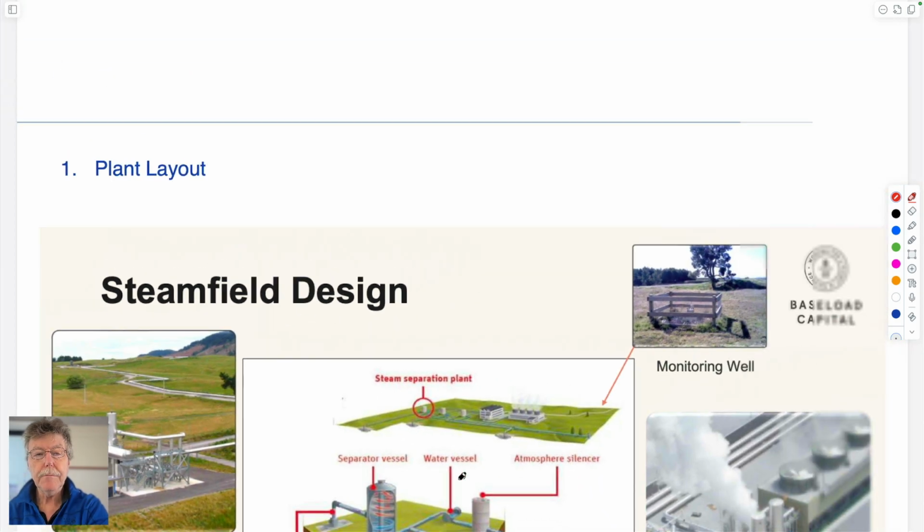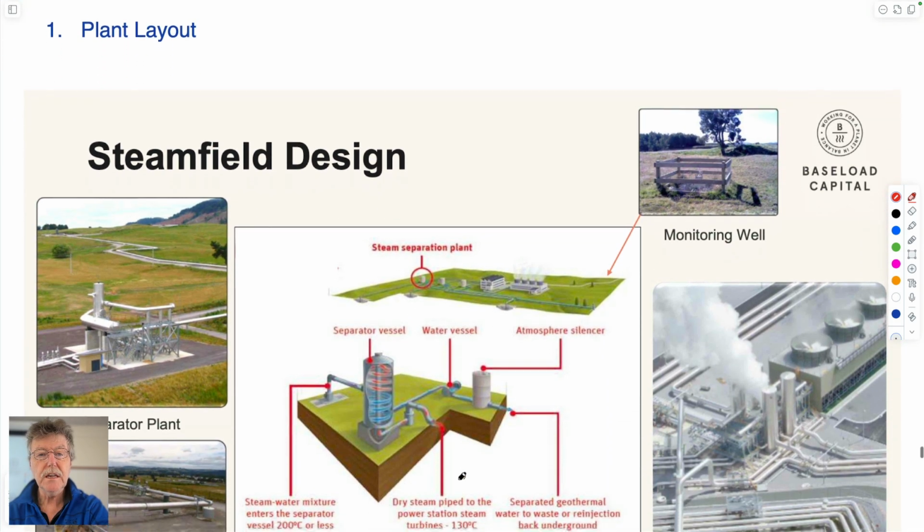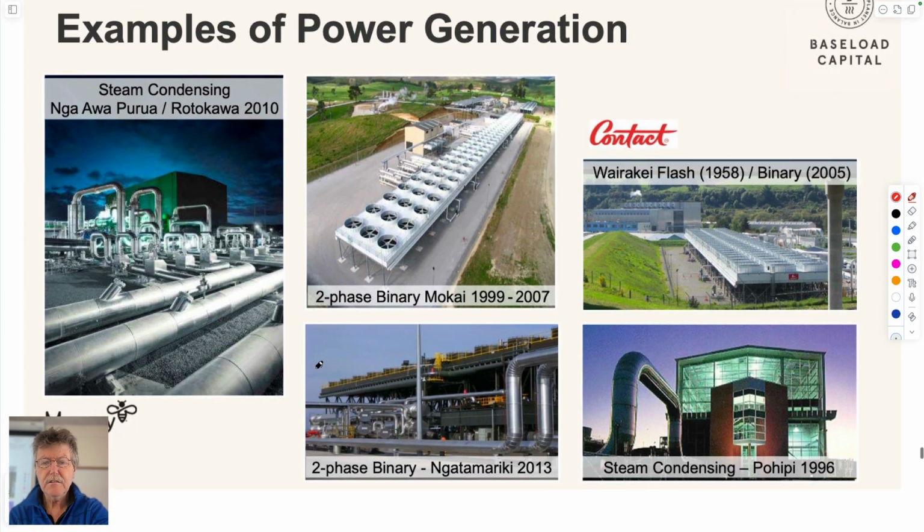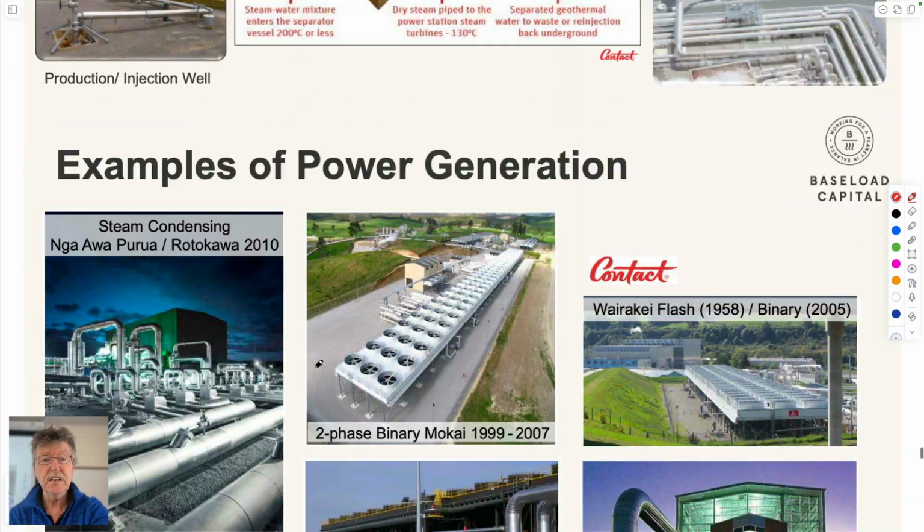These come from Greg Bignell's talk, which you'll see later on, and it's just to lay out the general architecture of a geothermal field with some pictures. So typically a field will contain a number of wells. We've seen some pictures before, I guess not included here.